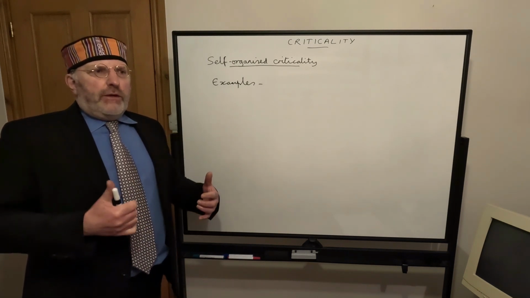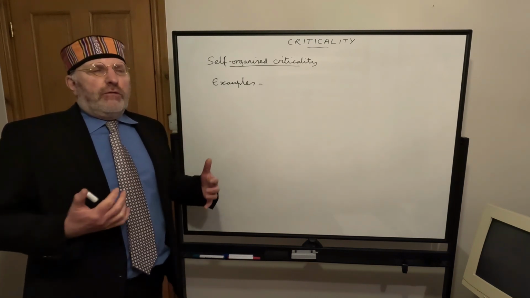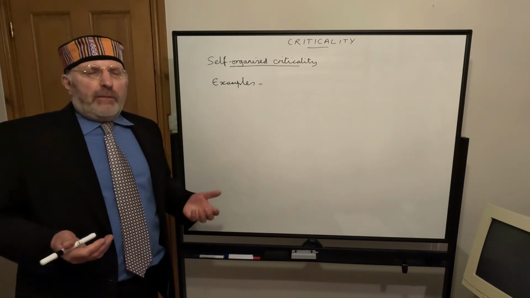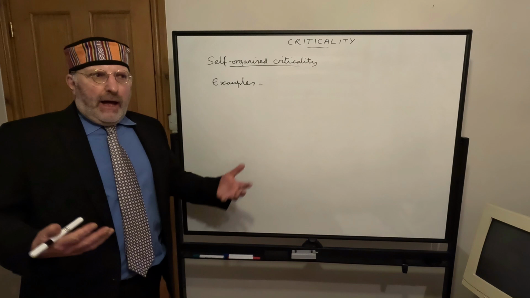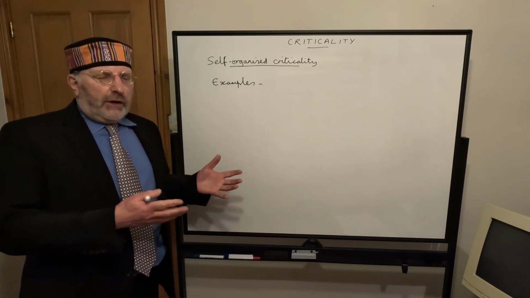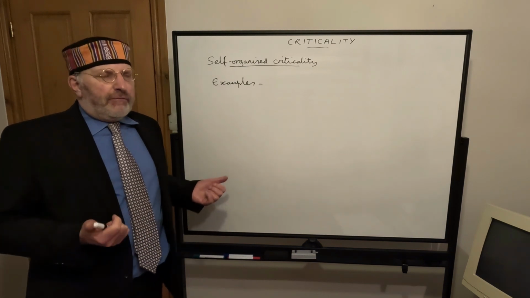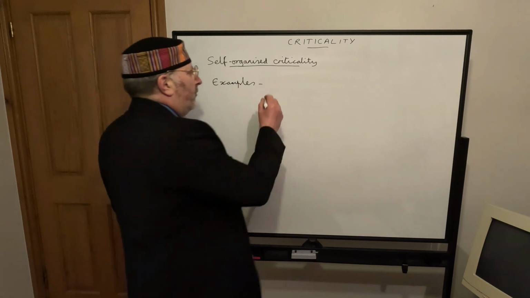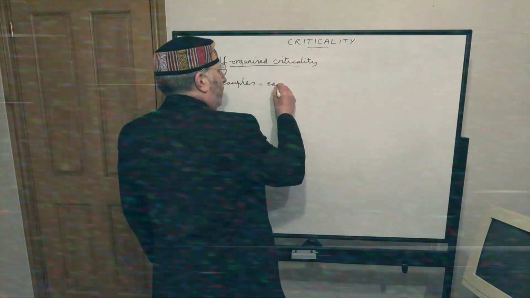They provide us with a good sort of mental picture of what's going on in self-organised criticality. They help bring out some of the issues that might help us when we try to think about the extent to which self-organised criticality might explain some of the phenomena we observe in history and society. So we'll start with earthquakes.